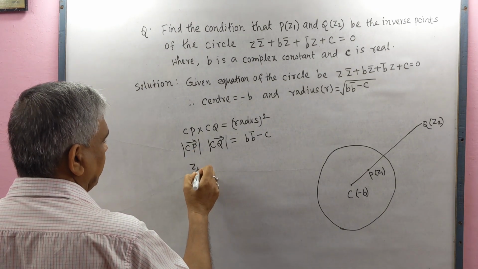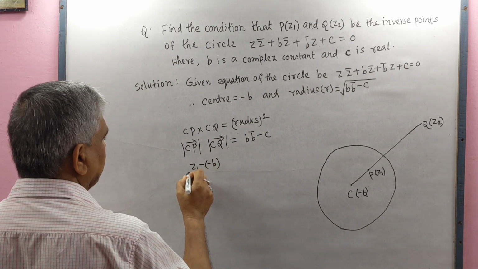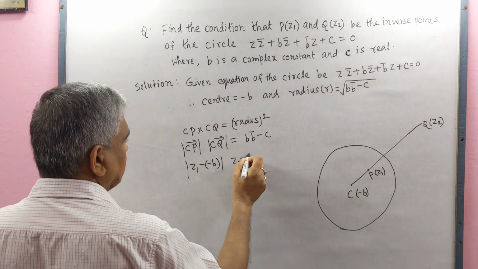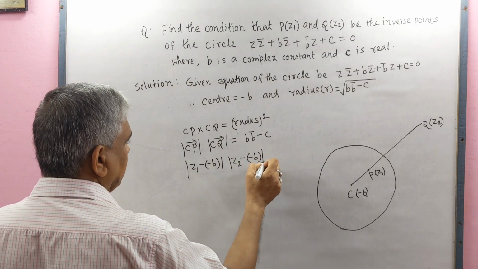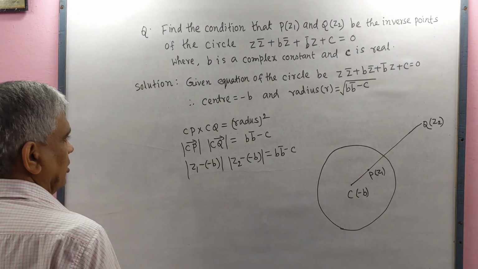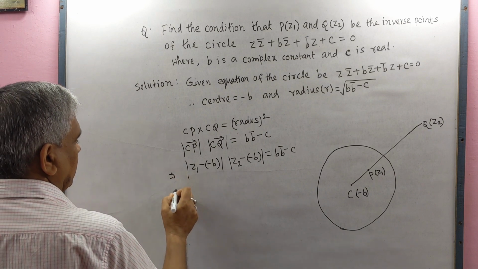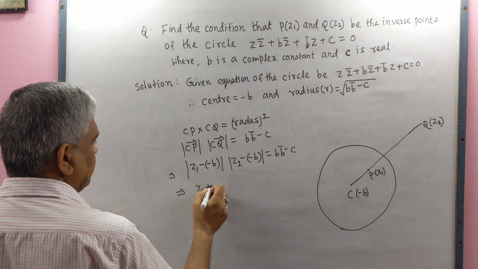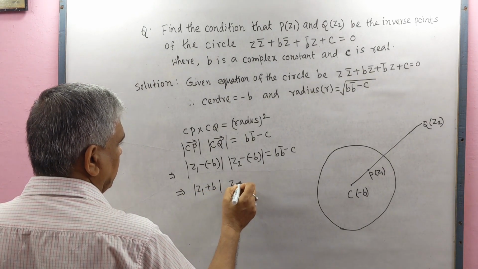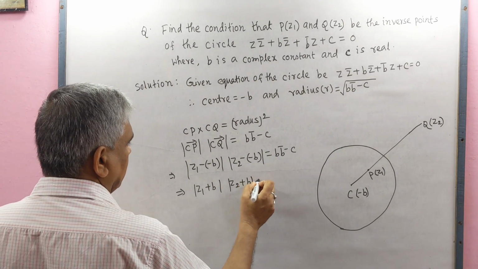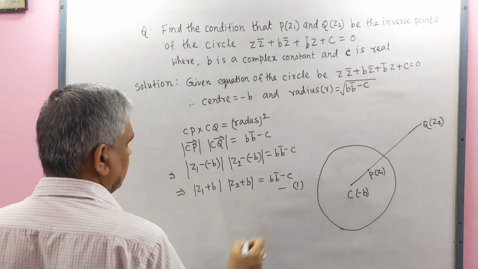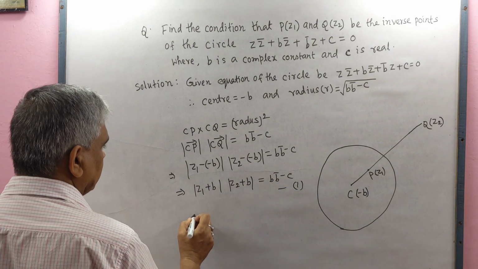CP is Z1 minus B, CQ is Z2 minus B. This is equal to B B bar minus C. This implies that the modulus of Z1 plus B times the modulus of Z2 plus B equals B B bar minus C. This is number 1.